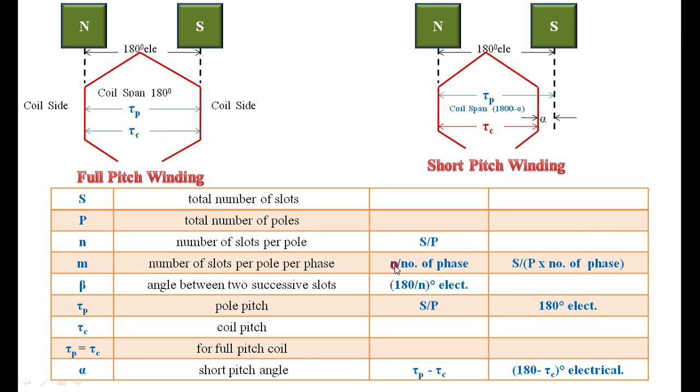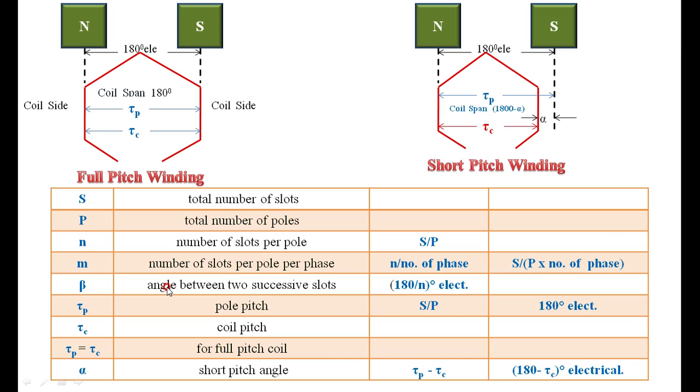Therefore how to get M? M is equal to N divided by the number of phases, in this case 3. Therefore in general that is S by P into number of phases, so that what I am getting is M. M is the number of slots per pole per phase.